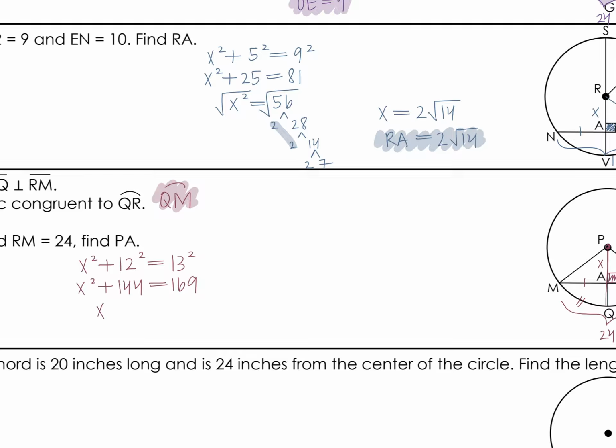When I subtract, I'm going to get X squared is going to be equal to 25. And so I take the square root of both sides, and I should get that X is equal to 5. So my PA is going to have a length of 5.